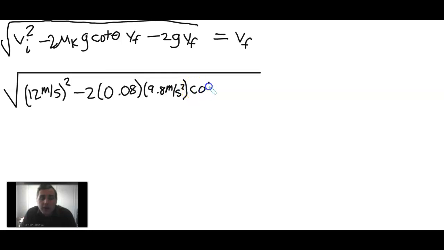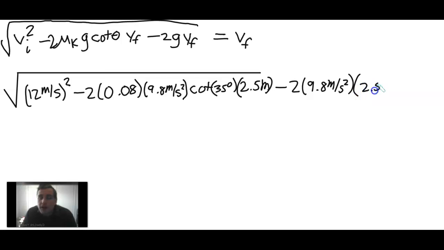Cotangent of theta, that's cotangent of 35 degrees. Then we have y final, which was 2.5 meters. And then we have minus 2 times 9.8 meters per second squared times y final, 2.5 meters. Okay, and then let me finish extending this square root. All right then, and that's equal to v final.